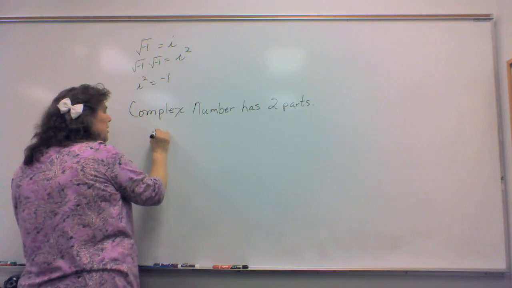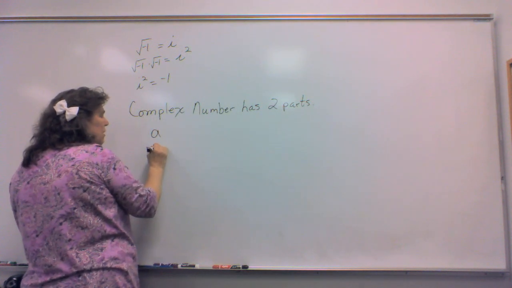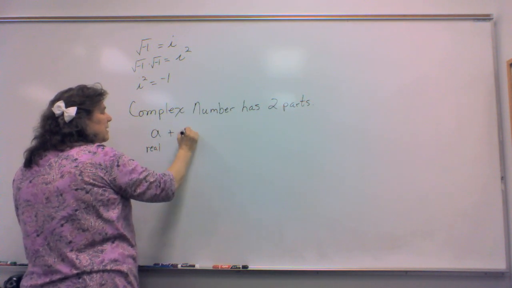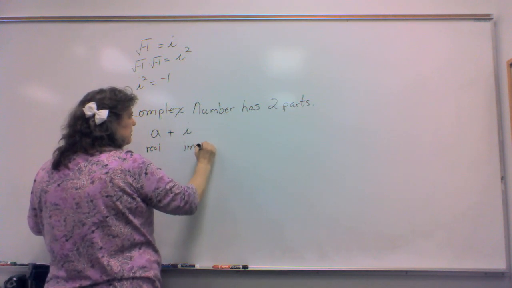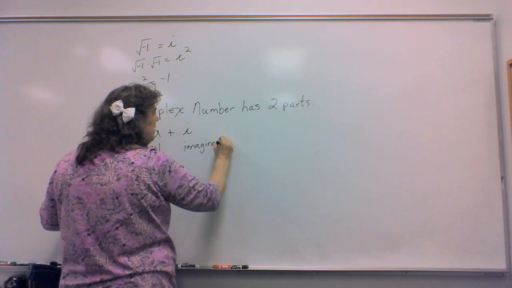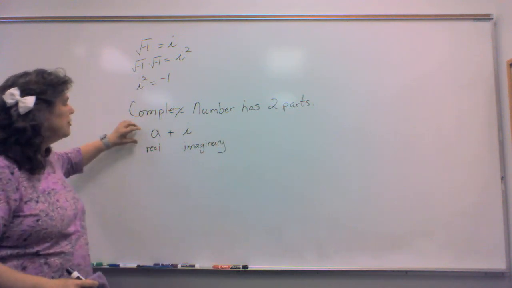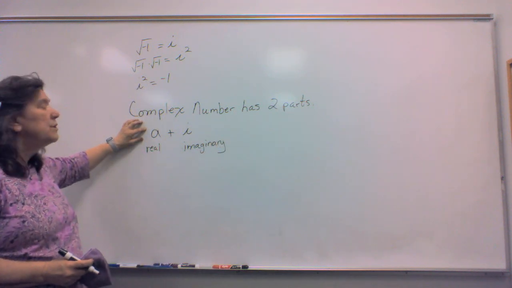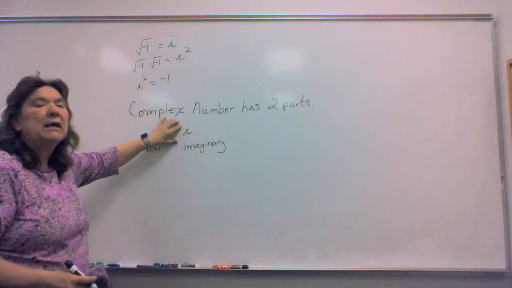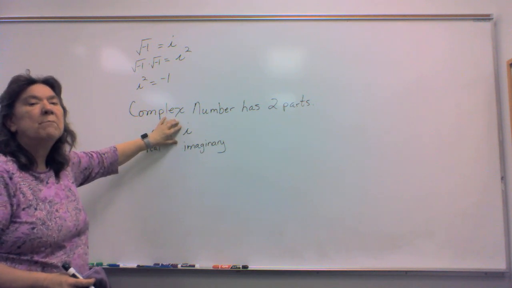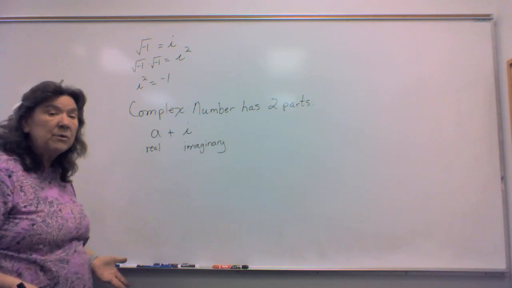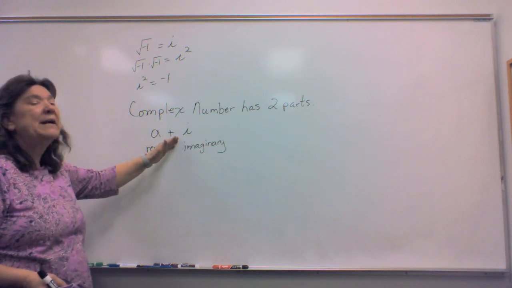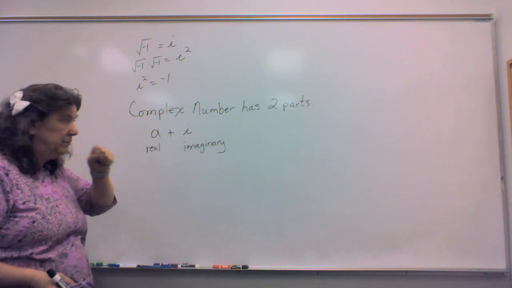The first part, a, is the real part, and the last part, bi, is the imaginary part. So when you're combining these, you combine the real part with the real part, and you combine the imaginary part with the imaginary part. In other words, it is exactly what we've been doing, combining like terms.